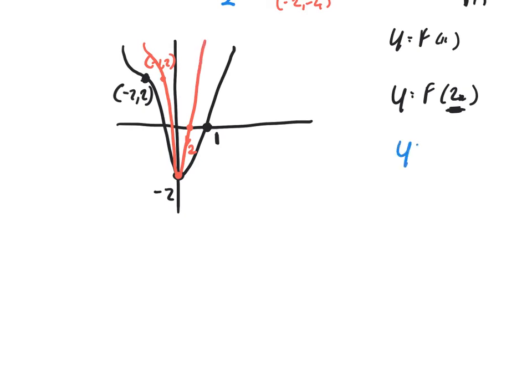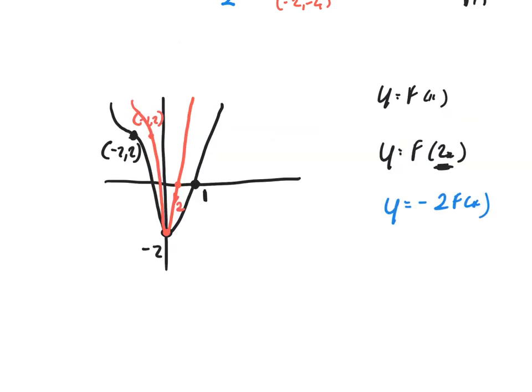Okay, we're now going to look at y equals minus 2f of x. Okay, so that's going to be a reflection across the x-axis and a stretch by 2. So the reflection across the x-axis will look something like this.